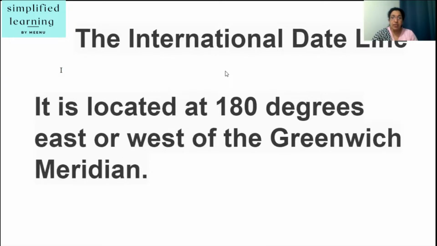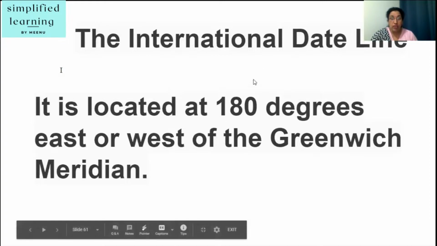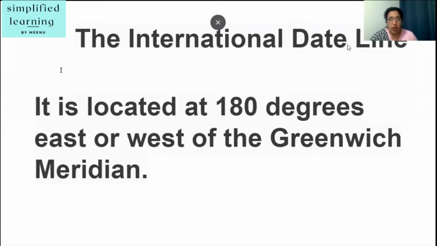Meridian means midday. When a longitude faces the sun, the time on the longitude is 12 o'clock. It is noon at that particular place. So that is why we call longitudes meridians also. There's a relationship between a longitude and the time.